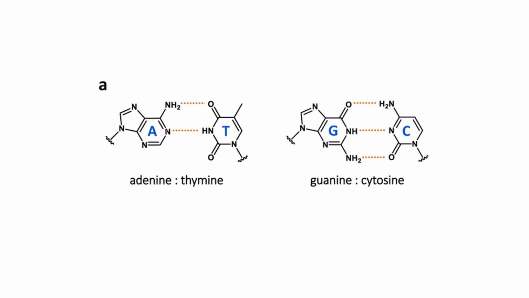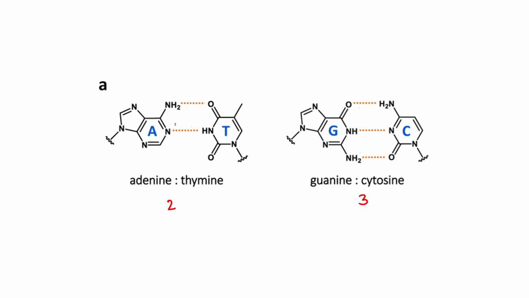But between adenine and thymine the number of hydrogen bonds is 2, and between guanine and cytosine it is 3. What does it mean? That means G and C are paired more strongly than A and T.